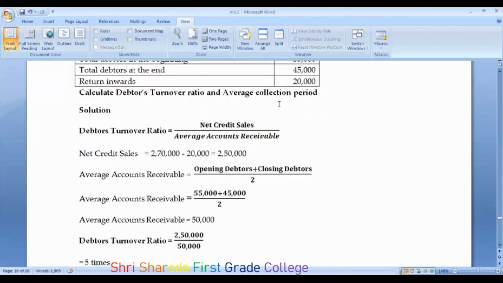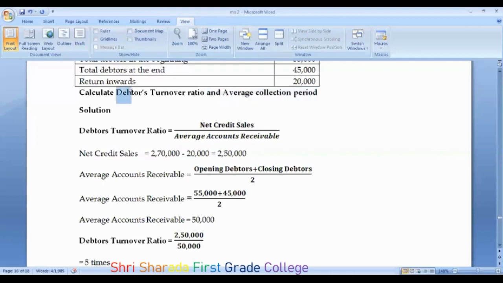So average collection period takes into consideration your debtors turnover ratio. That is part of the debtors turnover ratio, which considers the average accounts receivables. Why does it take the average accounts receivables? Know what this average collection period actually is. Average collection period is nothing but the average period which will be granted to customers, as it is debtors.